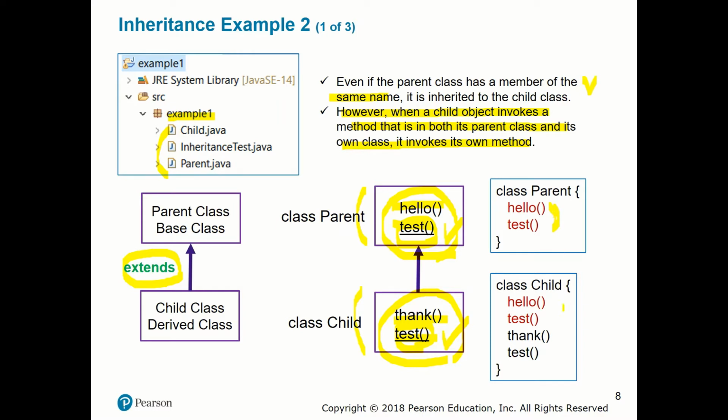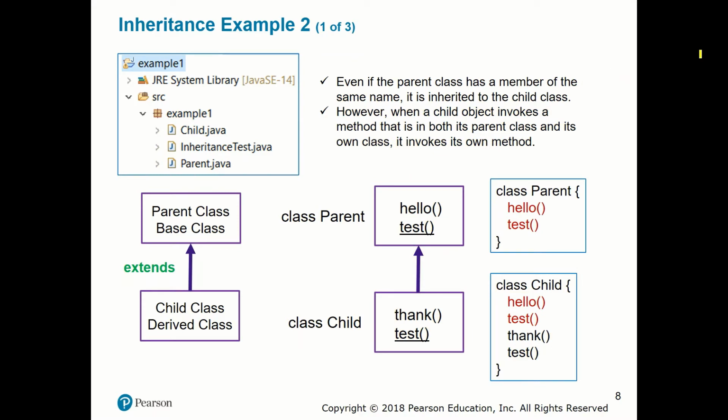But child class will have the methods defined by itself, thank and test, and these two methods from parent class. Okay, so even if the names of the methods are the same, the method is also inherited to the child class.